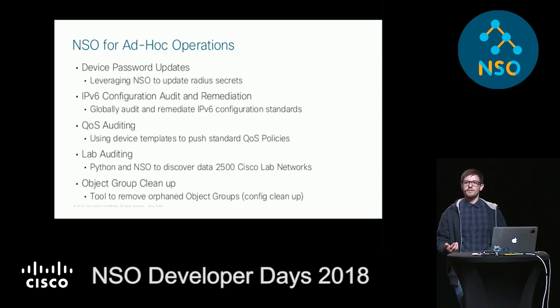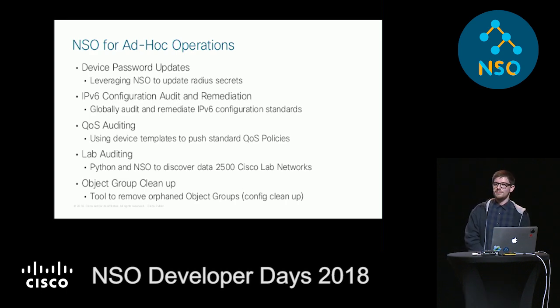We have ACLs globally that protect the internal Cisco network from any lab infrastructure that we have. We make security products, so generally we could be using malware in labs to test them. This ACL ensures that none of the traffic can get back into Cisco and do damage. And then object group cleanups.